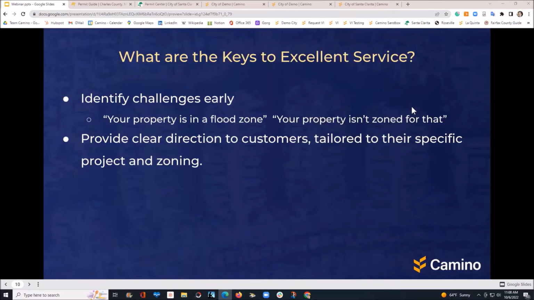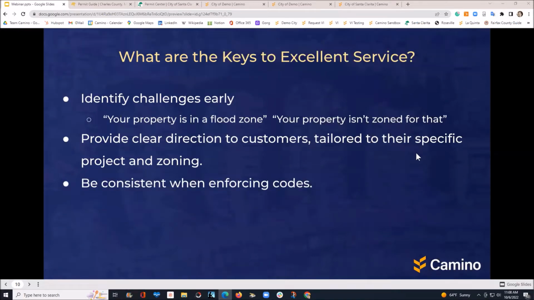Tailored to their specific project or zoning, an organized breakdown of what they will require, and also being consistent when enforcing code, right? Don't allow people to game the system.